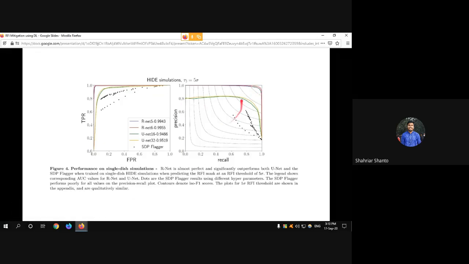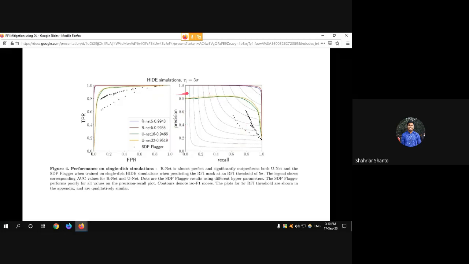So this is the contour here in the image. Contours denote ISO F1 score. So we can see that the same F1 score can be of a low recall, higher recall, low precision. Then again, the same F1 score can mean higher precision but low recall.